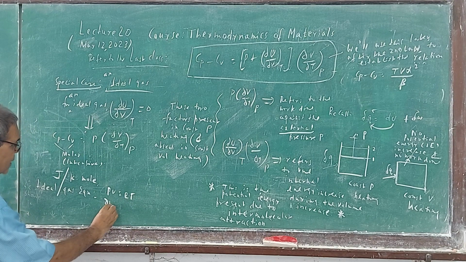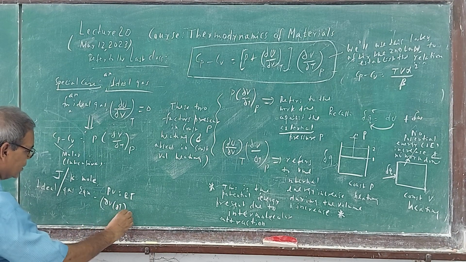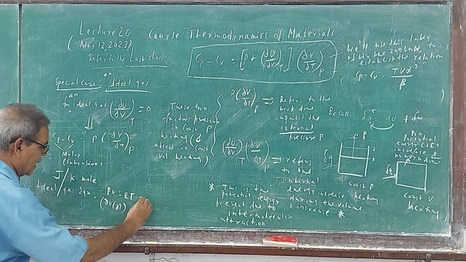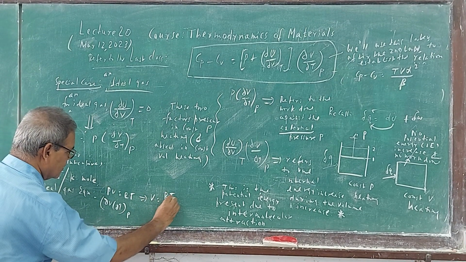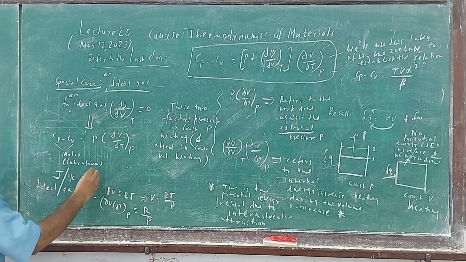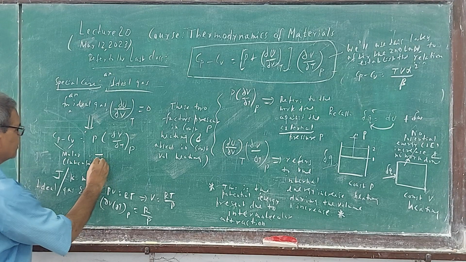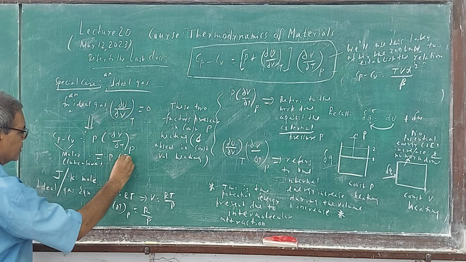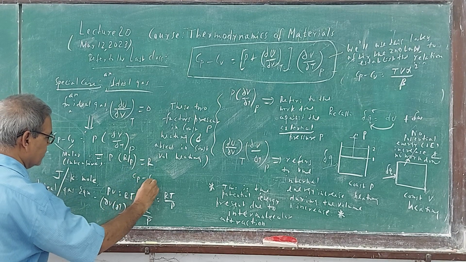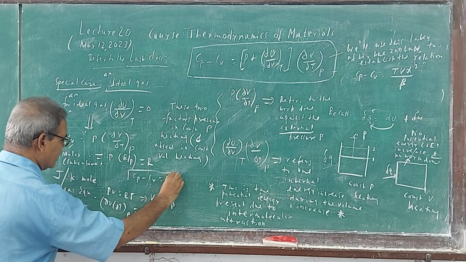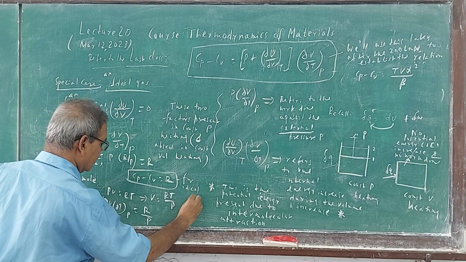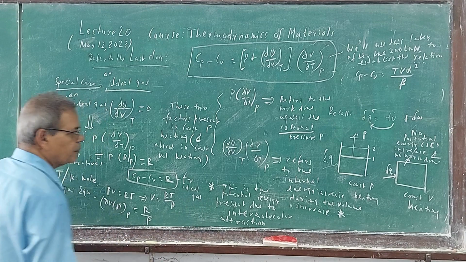Now del V del T at constant pressure: V is RT by P, so del V del T is R by P. Substituting this gives P times R by P, which gives Cp minus Cv is R for an ideal gas.